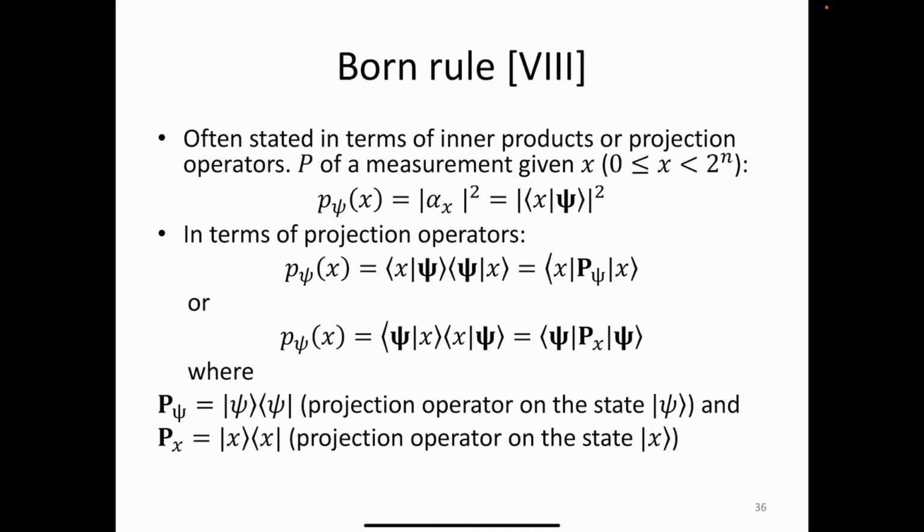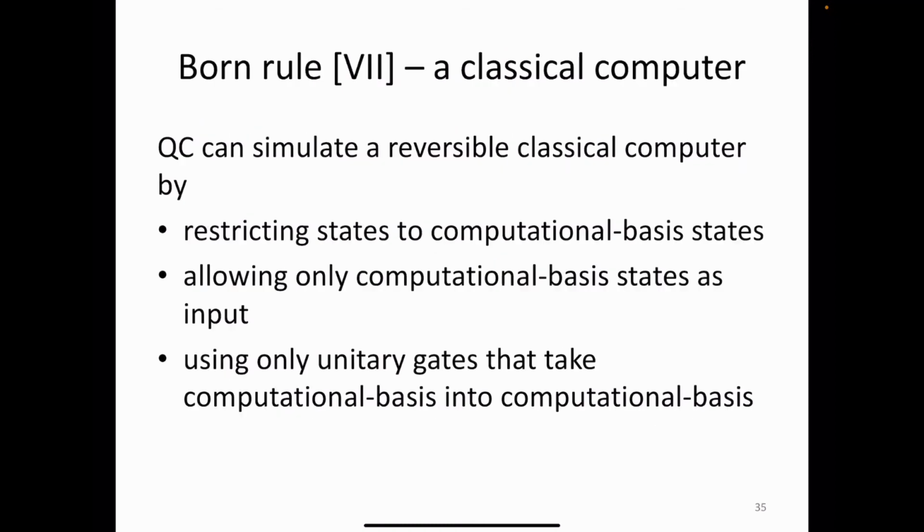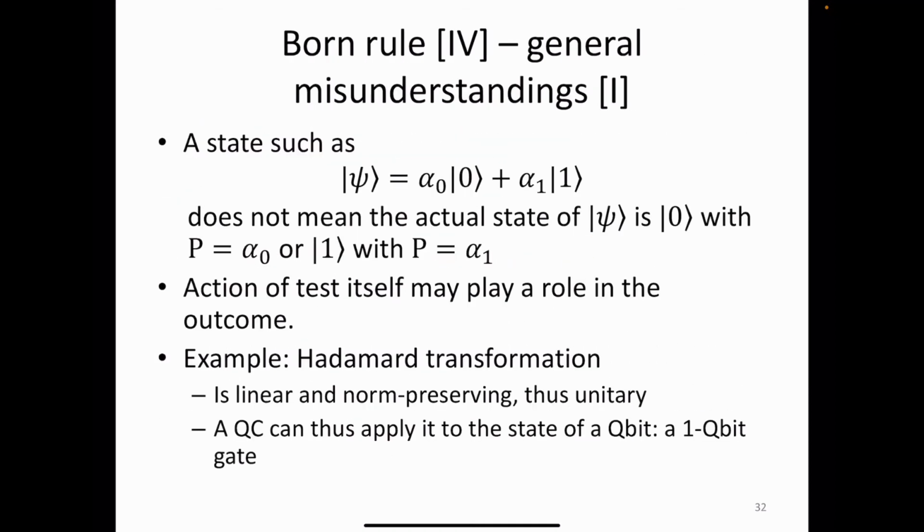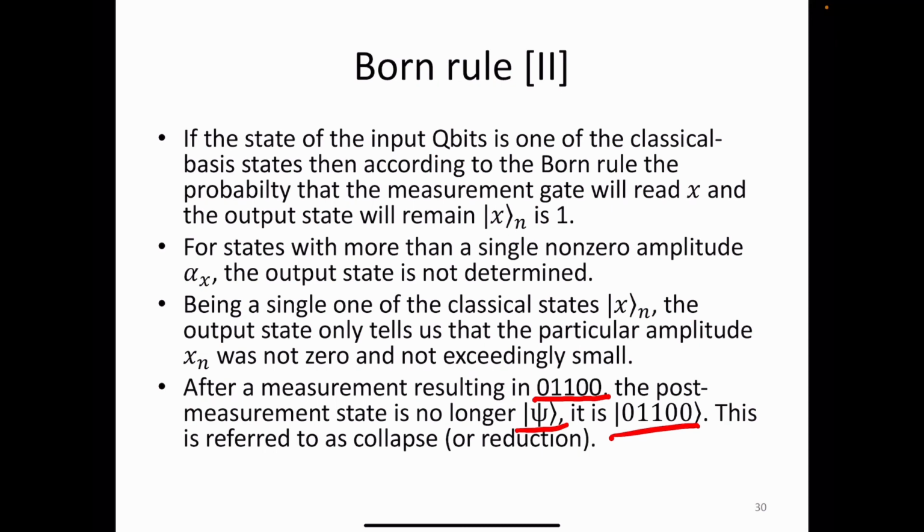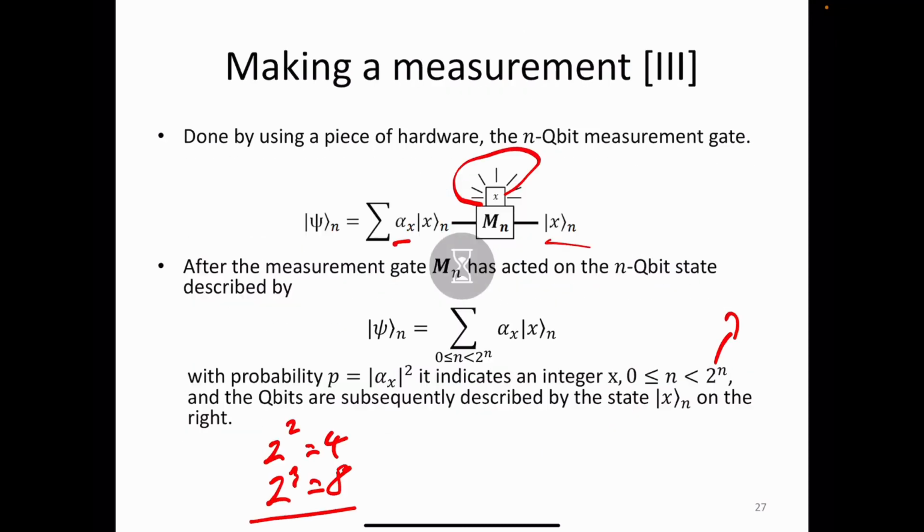And the Born rule relating the amplitudes alpha sub x in the expansion that we saw before, where we had our superposition state. So let me quickly go back. This expansion here.